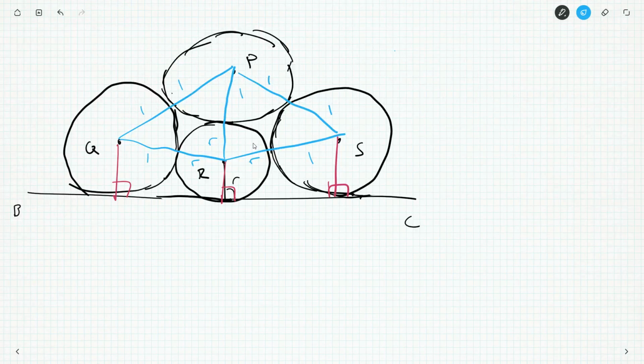Okay, what are we to do? We want to know R. We want to know little r. So, it's one unknown. I would guess we set up some sort of an equation here. Now, what to do?